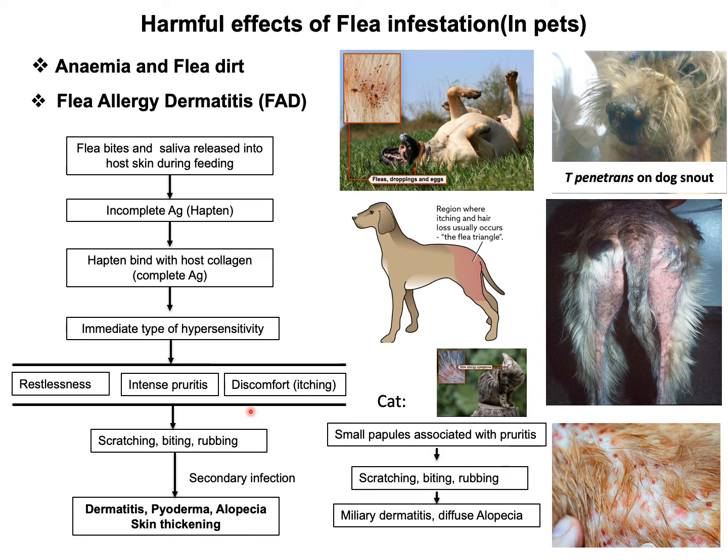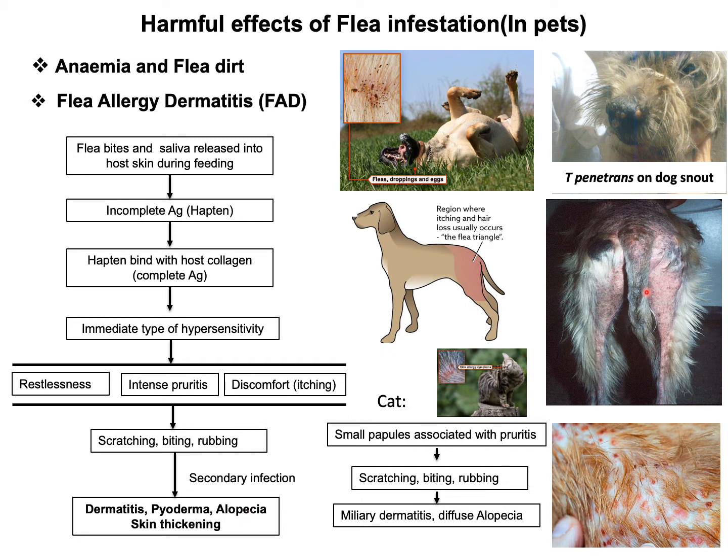So what will they do? They will go for scratching, grooming, biting, or rubbing on fixed objects. In the meantime, there will be secondary bacterial infection, and all together they will lead to severe dermatitis, pyoderma, and alopecia of the affected region.